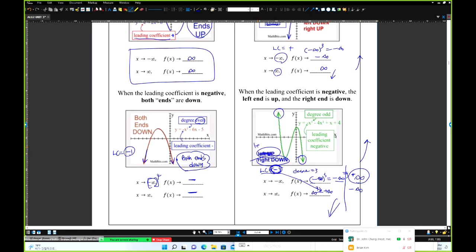Left down, right is up, because when x goes to infinite, no, it's okay. Oh, this is minus. This is correct. This is minus, not to the right. This is positive to the left, and the right is down. Yes, this is correct: left up, right down. Just simply, you can say it this way.